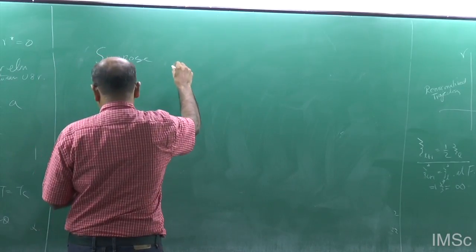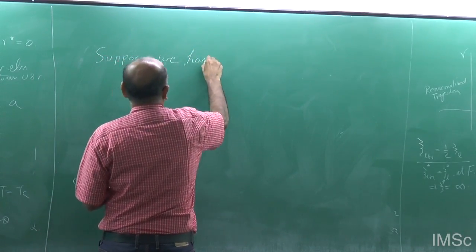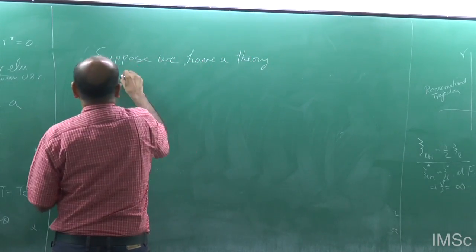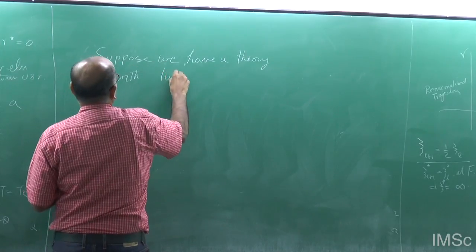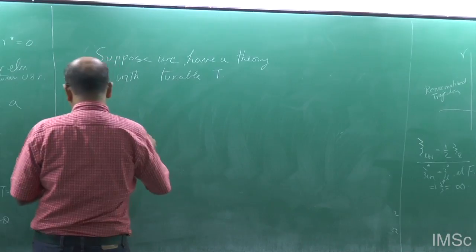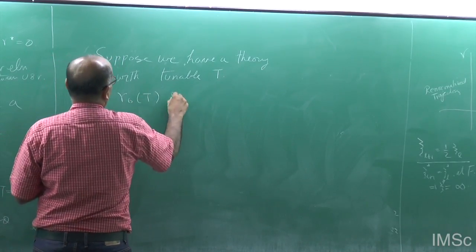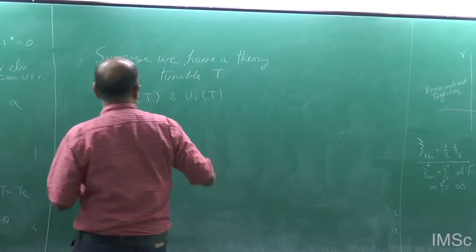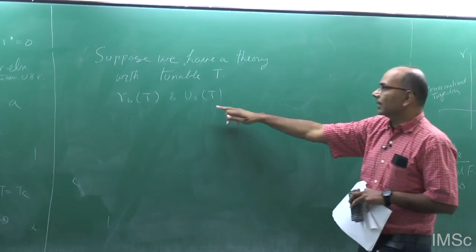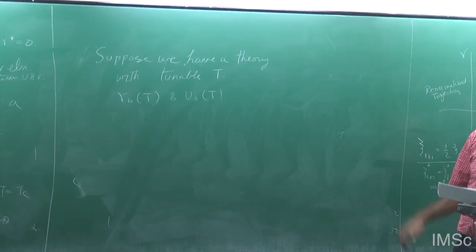Suppose we have a theory with tunable parameter t. So we'll write, we have r naught of t and u naught of t. Just imagine we have a Hamiltonian, and the parameters r naught and u naught depend on some parameter called t, which you identify as the temperature.